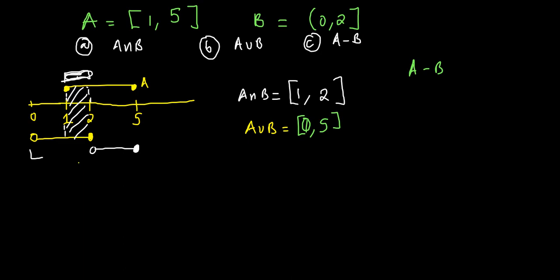They are in A, they are also in B. But from 2 up to 5, they are only in A, they are not in B.